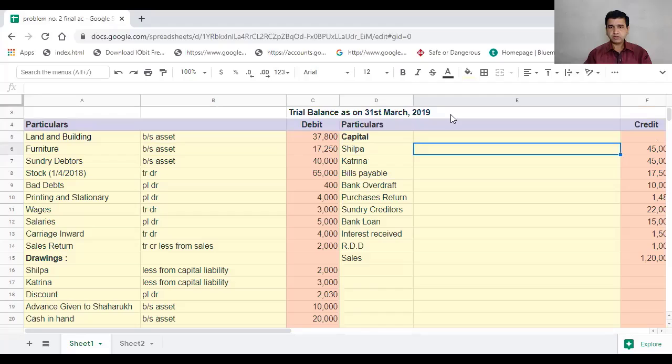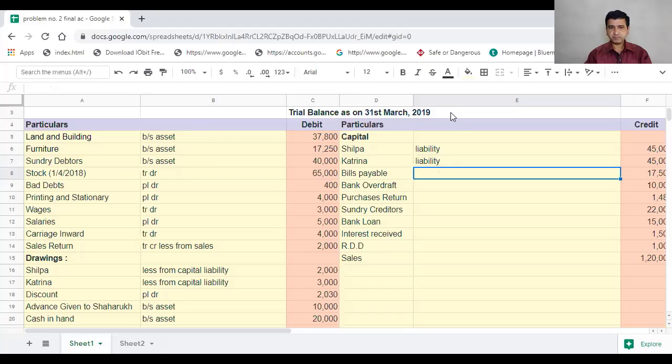On the credit side, first capital is given, so it goes to liability side. Second, capital of Katrina also goes to balance sheet liability side. Bills payable, liability.